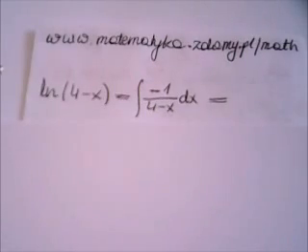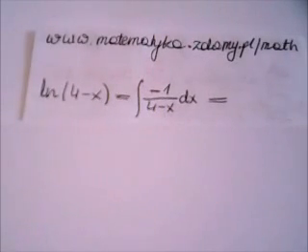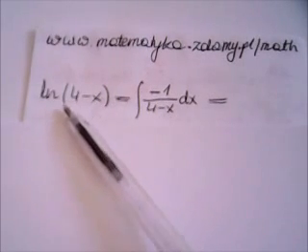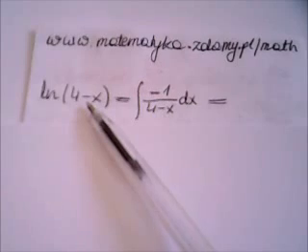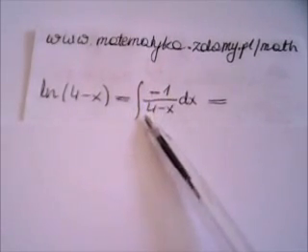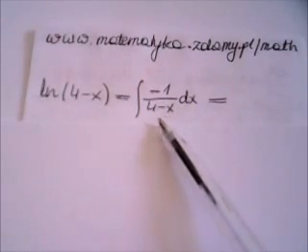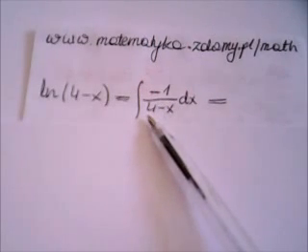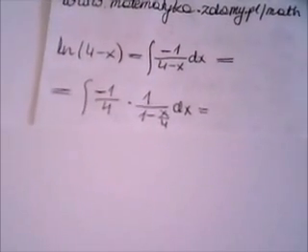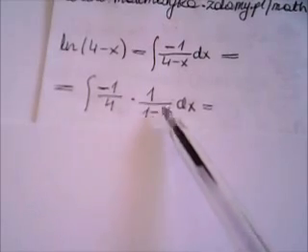Now we have the example natural logarithm of bracket 4 minus x bracket. It's not difficult to prove that natural logarithm of 4 minus x is equal to the integral of minus 1 over 4 minus x dx. I change the form of the denominator, and now I write 4 times 1 minus x over 4.